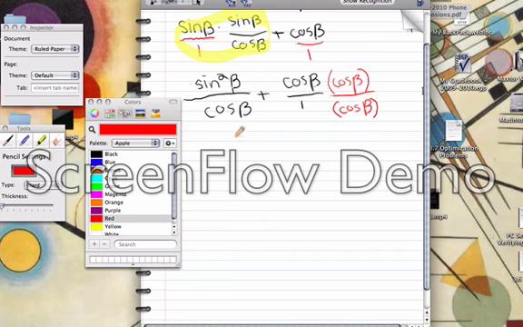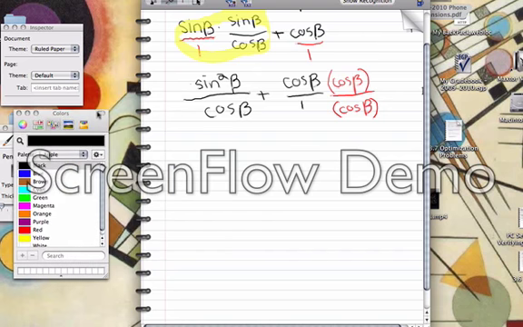Okay. Now this is still sine squared beta over cosine beta plus cosine beta times cosine beta is cosine squared beta. 1 times cosine beta is cosine beta. So now we have the common denominator.